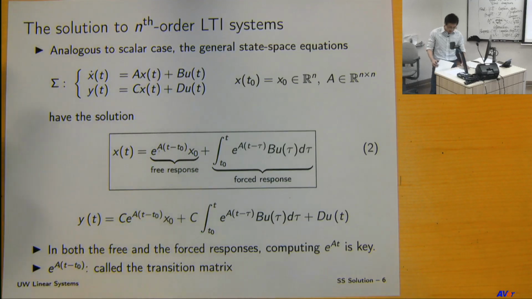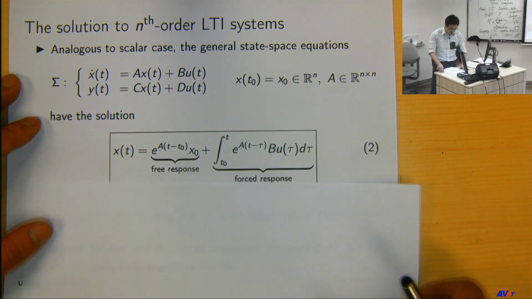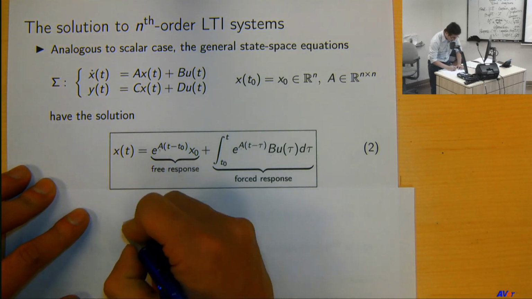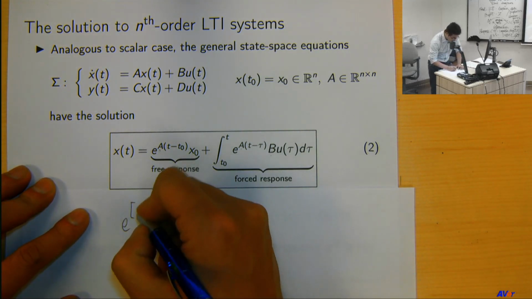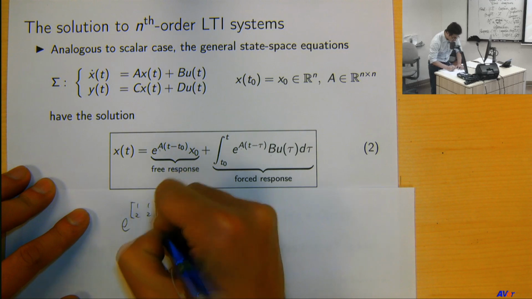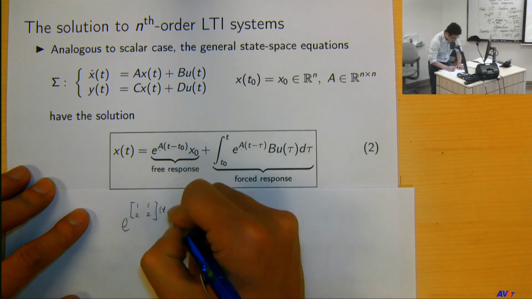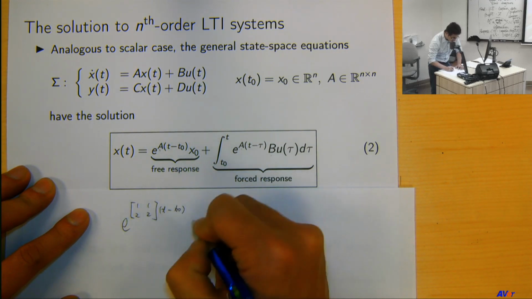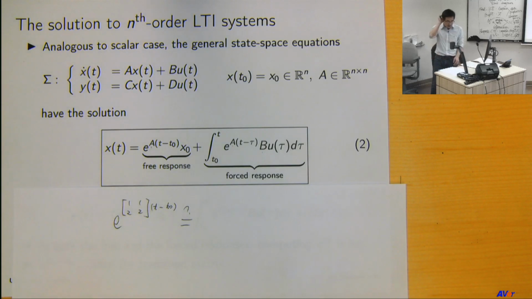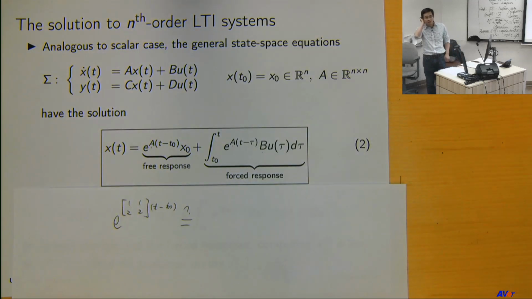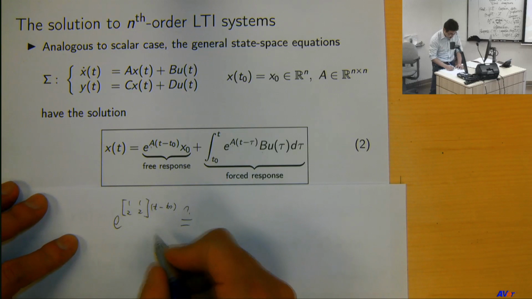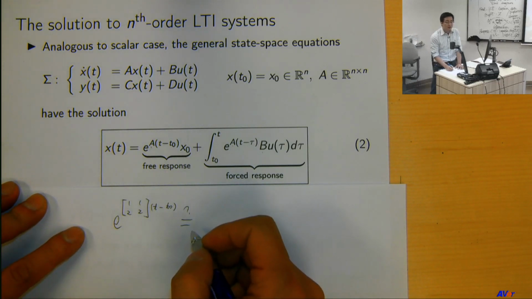The first question to ask is, what does this really mean? It's like the exponential function, let's say A is [1, 1; 2, 2], times t minus t0. So what does this actually compute to? In the scalar case, it's so easy, but in this case, it's different.